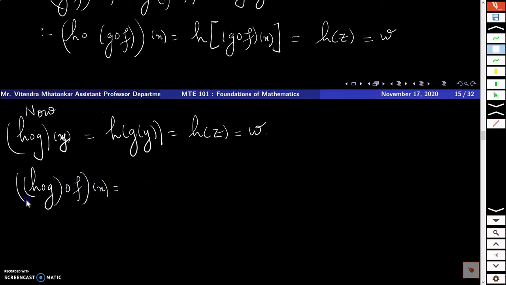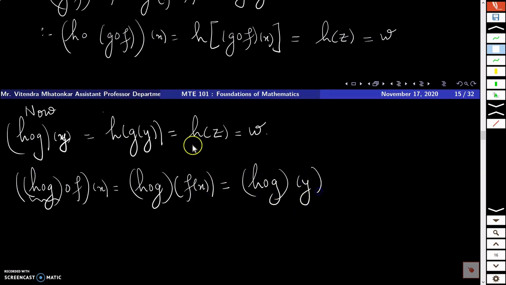You can consider this to be one function, so this will be h composite g of f of x, right? But f of x is y, so that will be h composite g of y, which we have just now shown is equal to w.